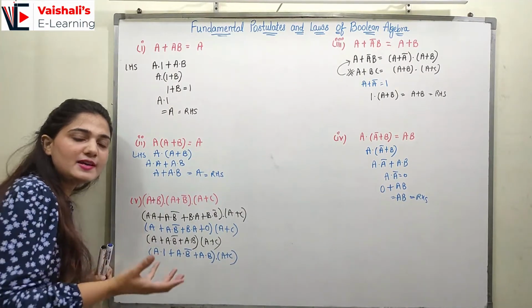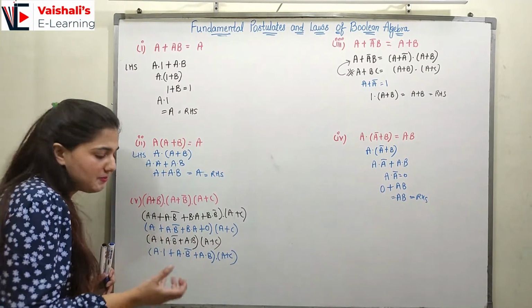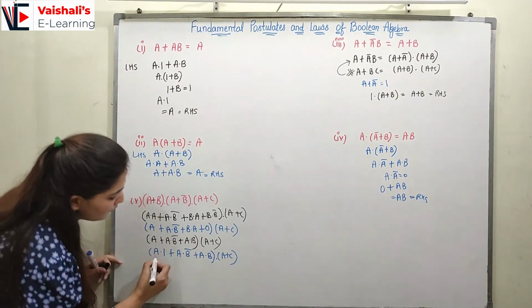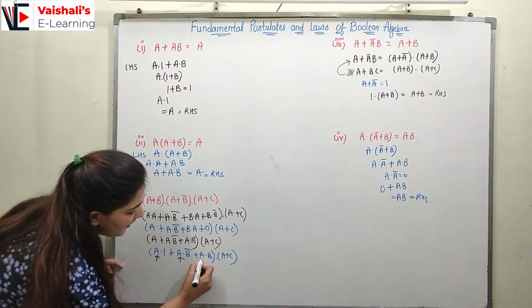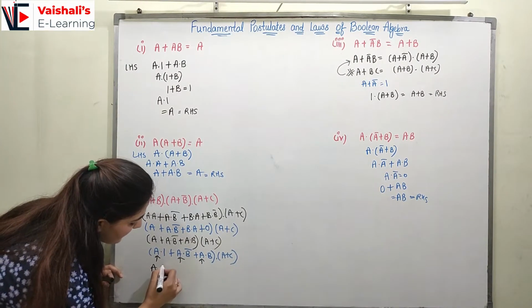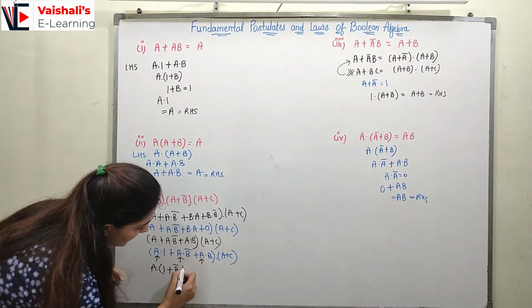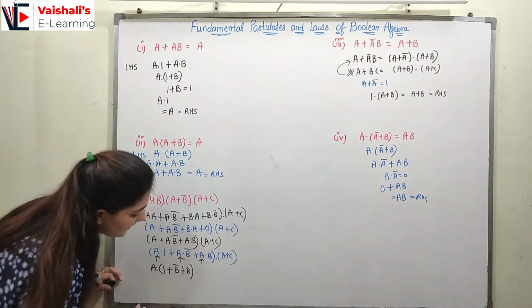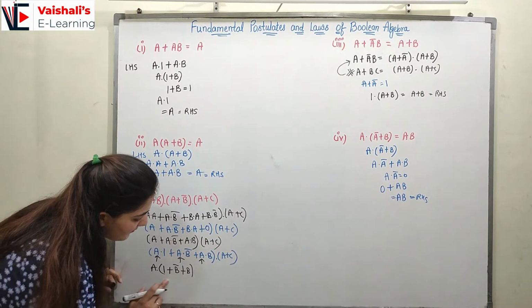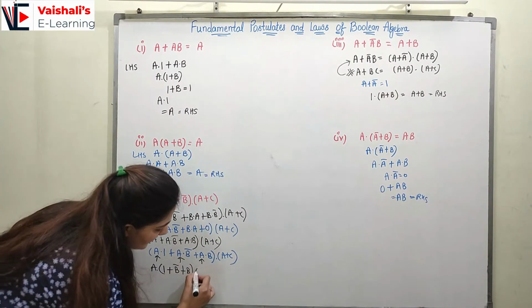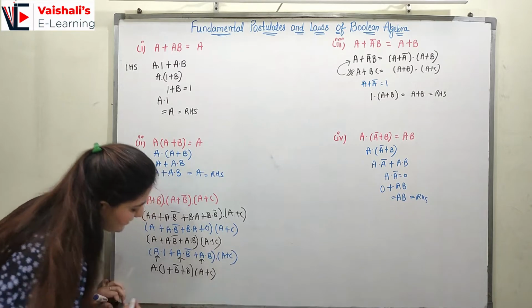If I have any variable, I multiply it with 1, I will be getting the same variable only. So here if you see, here we have A, here we have A, and here we have A. So I can take A common and dot with (1 plus B bar plus B), right? So 1 plus anything would be 1 only, and here I have (A plus C), right?